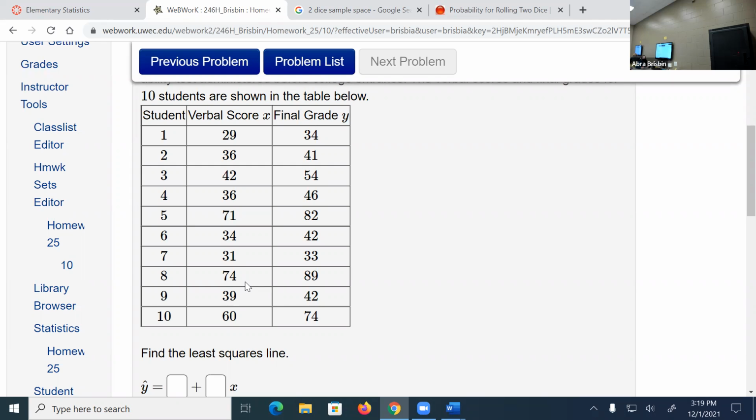So in this case, we probably don't want to use this linear model to make a prediction for someone with a verbal score of 100 and then rely on it. Like we could make the prediction, but we probably would not want to rely on it because it is significant extrapolation.